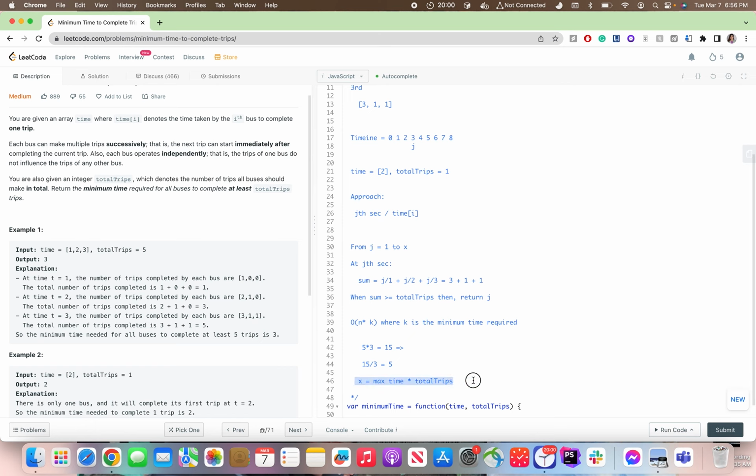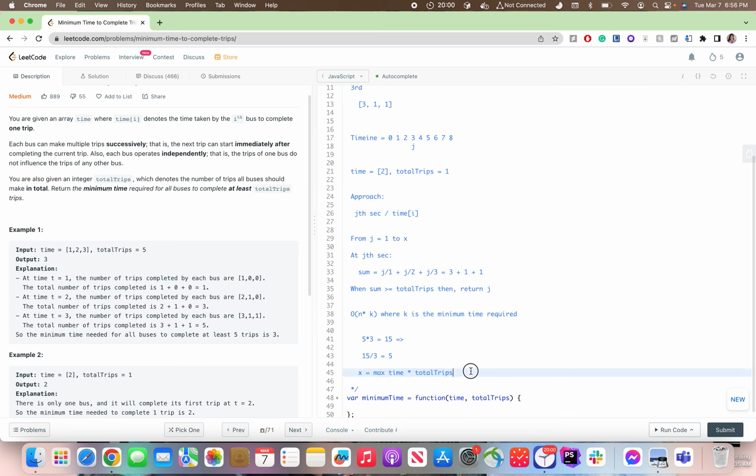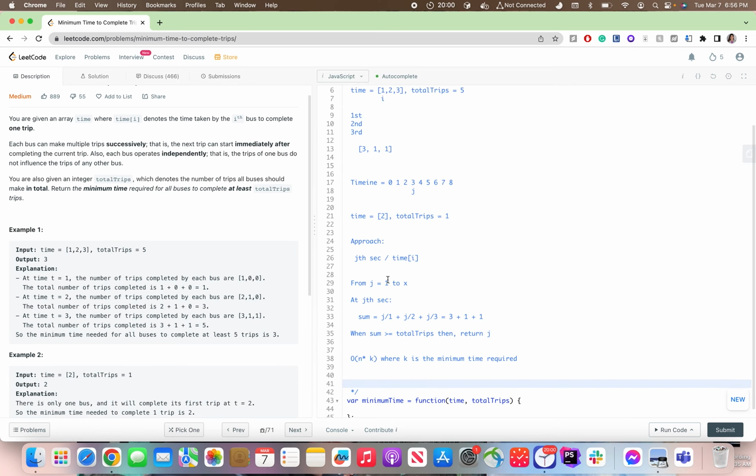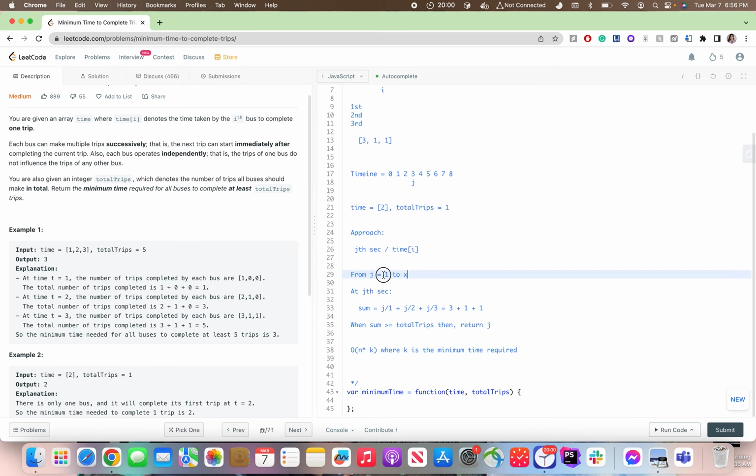Because if this is the value, then at the jth second, x divided by this last value 3 would be equal to the total number of trips, so this alone would give us the answer. So it cannot exceed this x value. So we know that it will go from 1 to x.